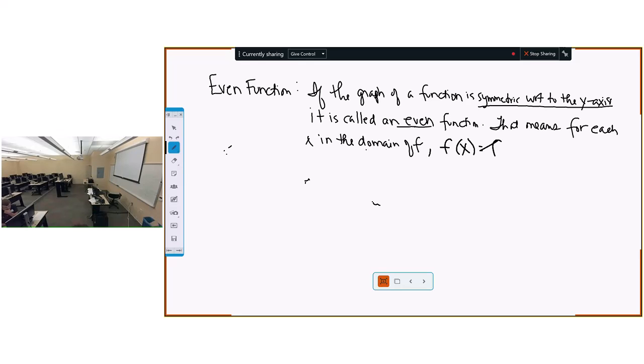equals f of a negative x, because what did we say? We said if it is symmetric with respect to the y-axis, you let x go to a -x. So the x as the input becomes a -x as the input if it's symmetric, okay? So you replace x with a -x.